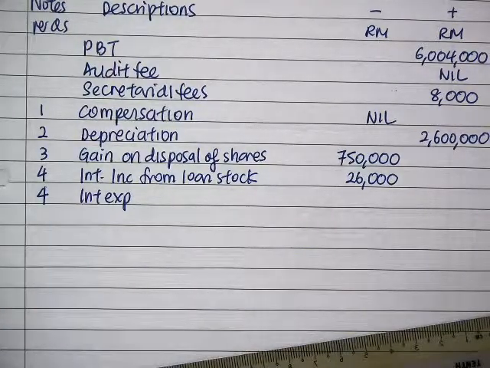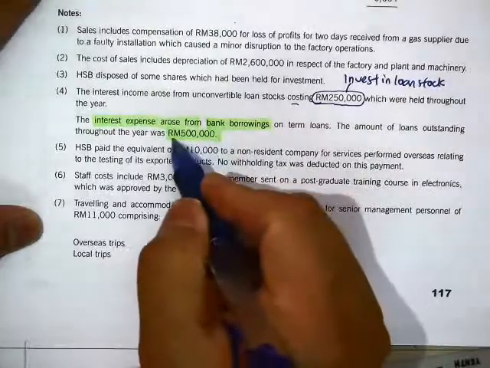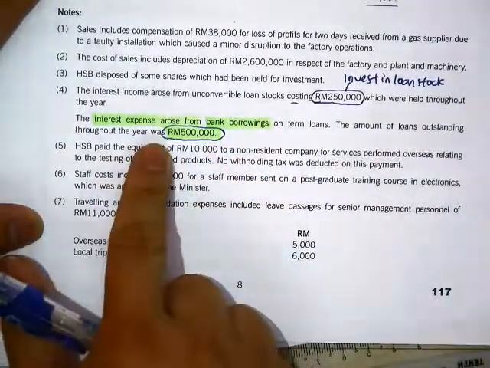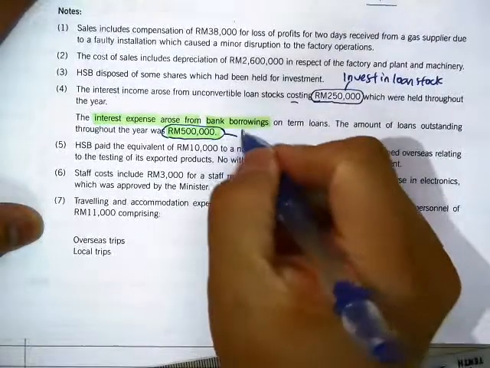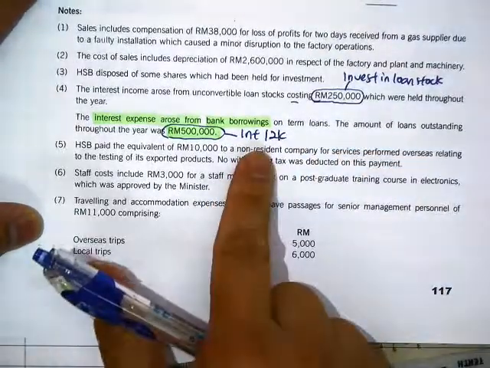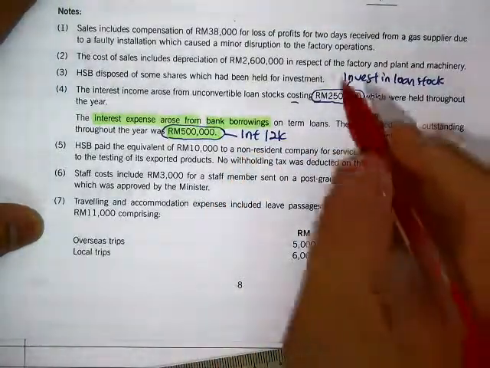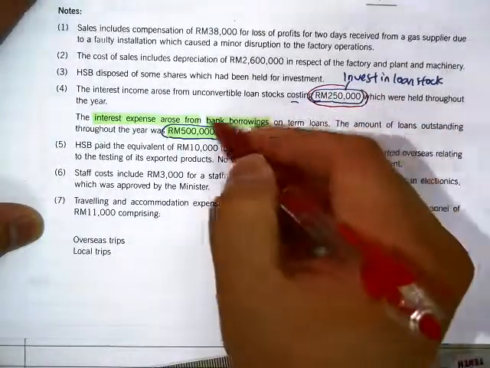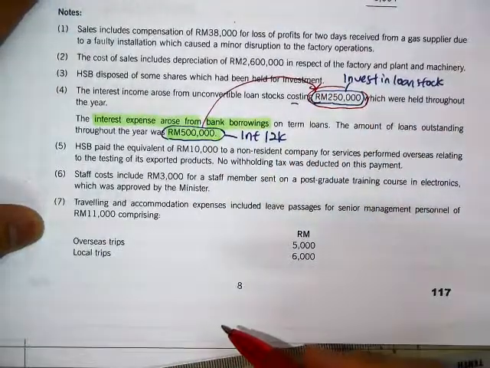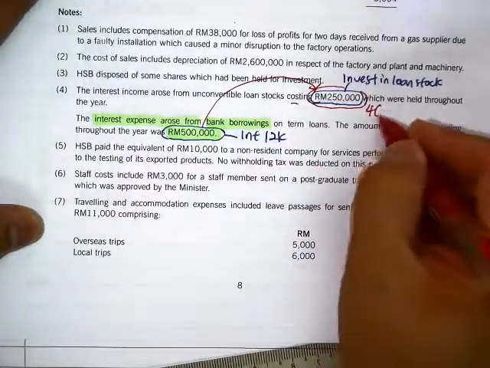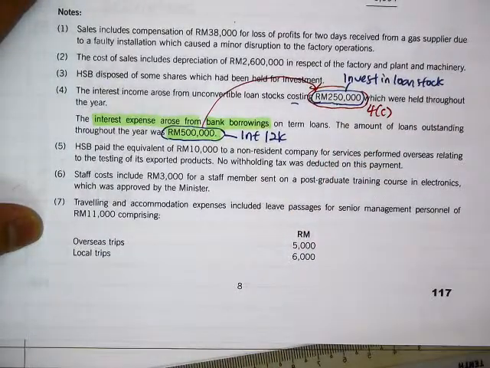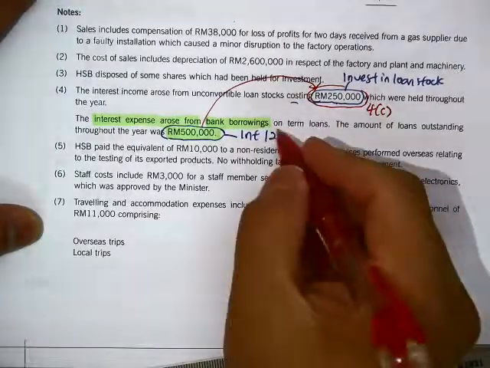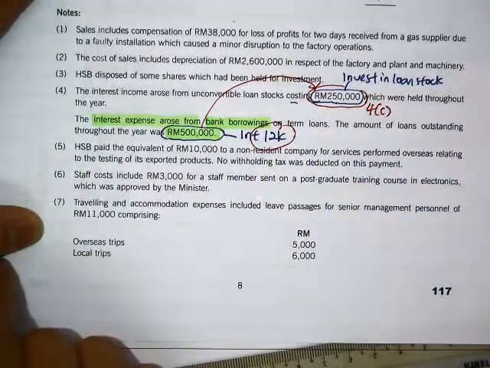Then I said you must see how you spend the money, and then you must apportion the interest back to the source. So now in this case, you borrow 500,000, and you have an interest of 12,000. But 250,000 you invested in the loan stock, and this loan stock gives rise to section 4(c) income. Then can I claim the entire 12,000 in the business? No, right?